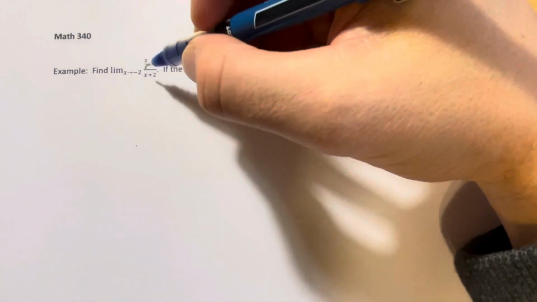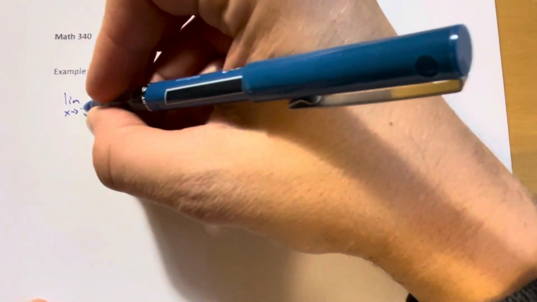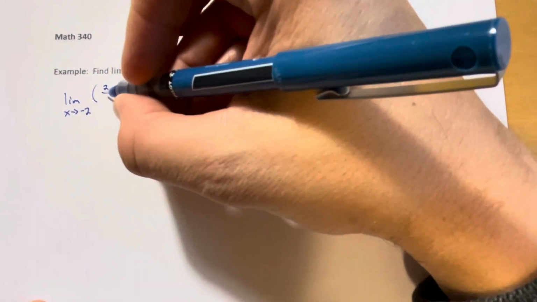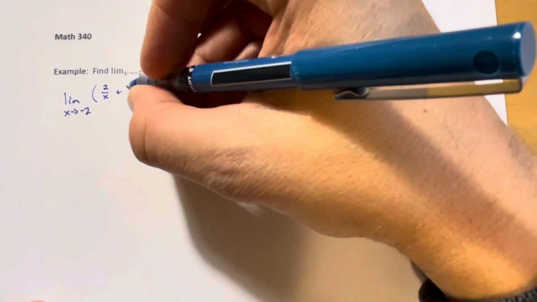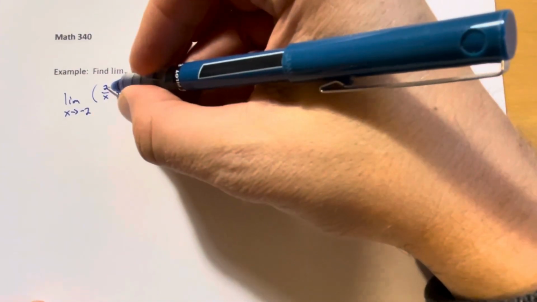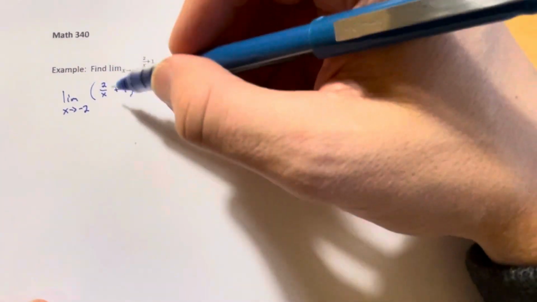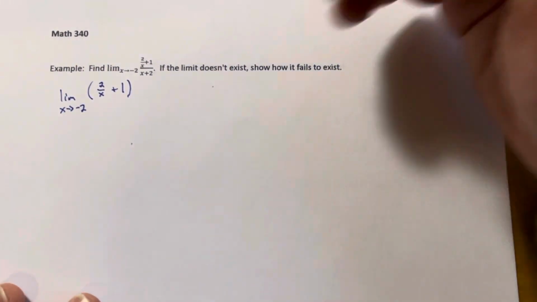Now, the tricky thing about this one is, again, if I were to evaluate this limit with my numerator and my denominator separately, so 2 over x plus 1, that's a rational function plus a polynomial. I can distribute the limit and evaluate each of those using direct substitution.